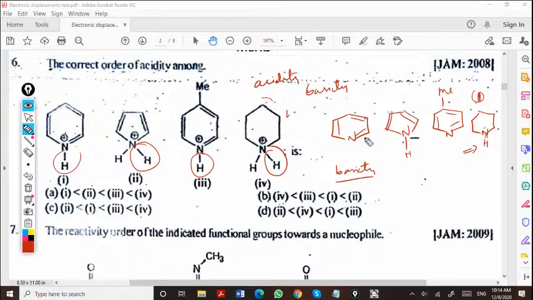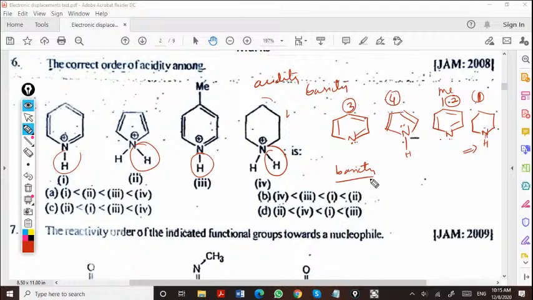Next, in the conjugated system, where the lone pair is available, it will be more basic when compared to where the lone pair is involved in the resonance. So these two will be more basic. Among these, if an electron donating group is attached to the ring, it's going to be more basic than this one, and the last is this one.